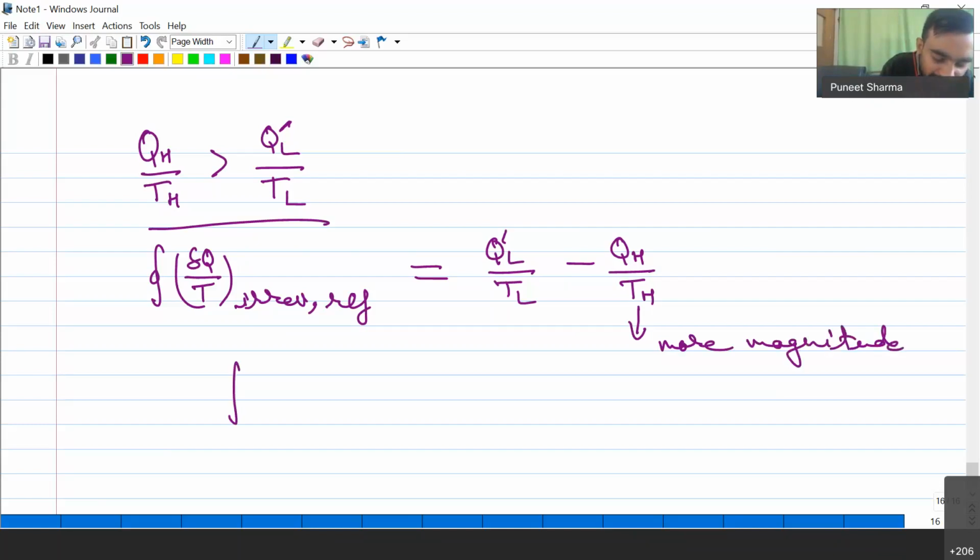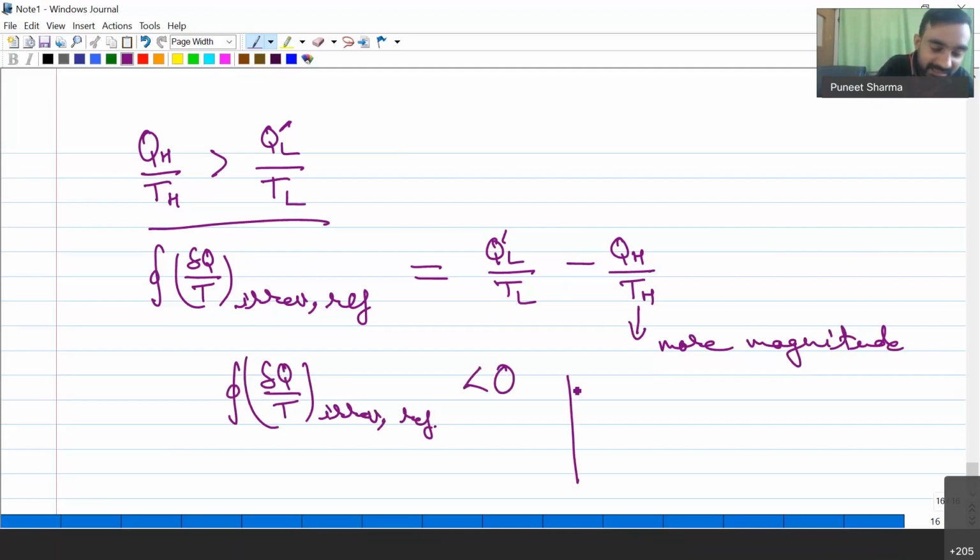Finally, we will find that the cyclic integral of del Q by T for an irreversible refrigerator is nothing but less than 0. So it is becoming less than 0. Ultimately I can say that the cyclic integral of del Q by T of a refrigeration device is less than or equal to 0.